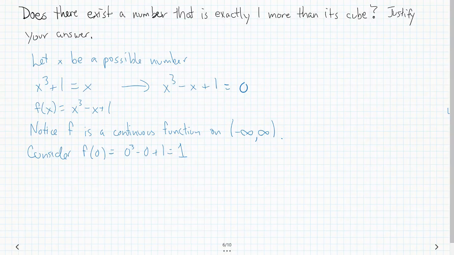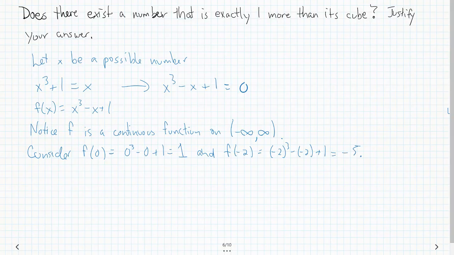So we found a positive number. So in order for a solution to exist, we need to find a negative value. And let's see. Let's try f of maybe negative 2. Okay, so notice that's negative 2 cubed minus negative 2 plus 1. So notice that makes negative 8 plus 2 is negative 6 plus 1. So that's negative 5.